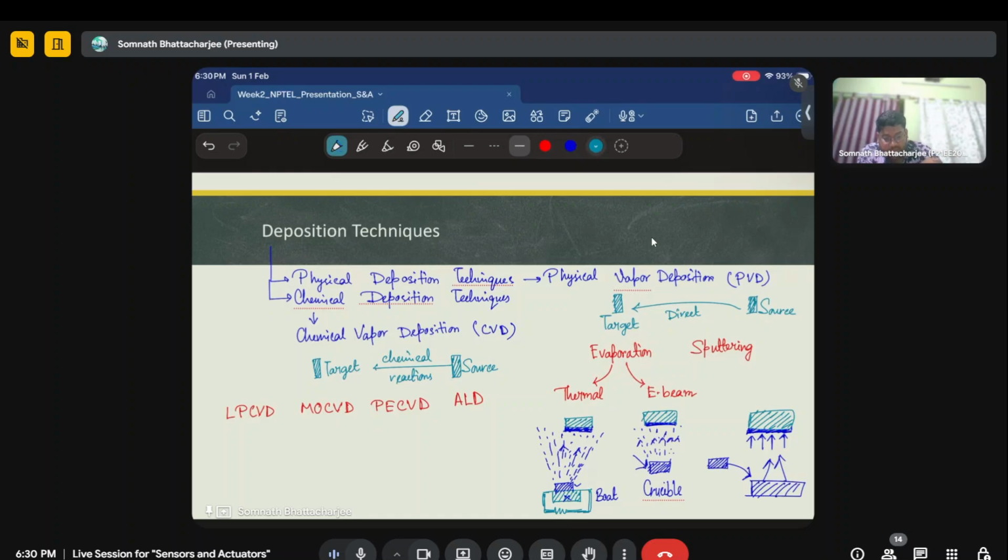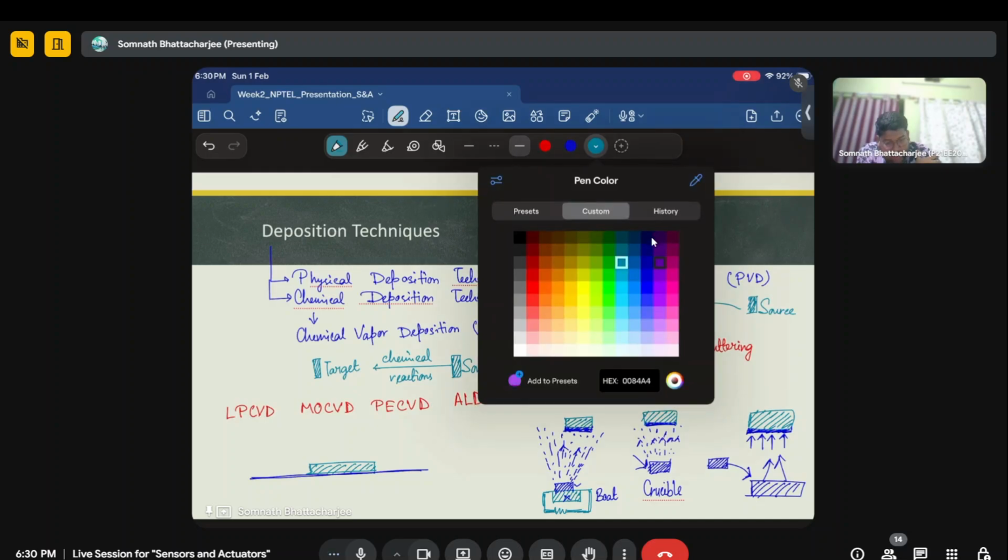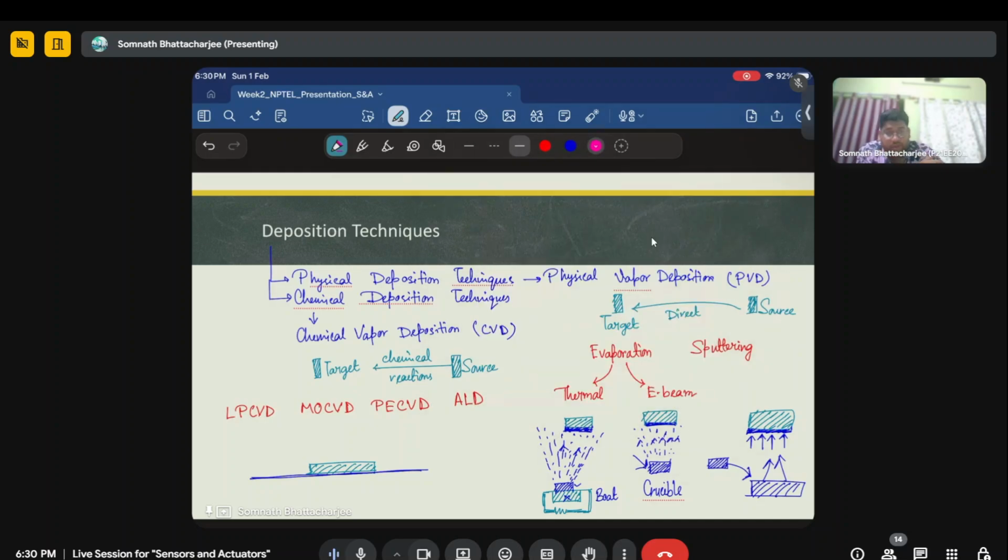In ALD, you have your sample here, and everything is happening inside a chamber itself. In the first case, you have two different kinds of molecules.